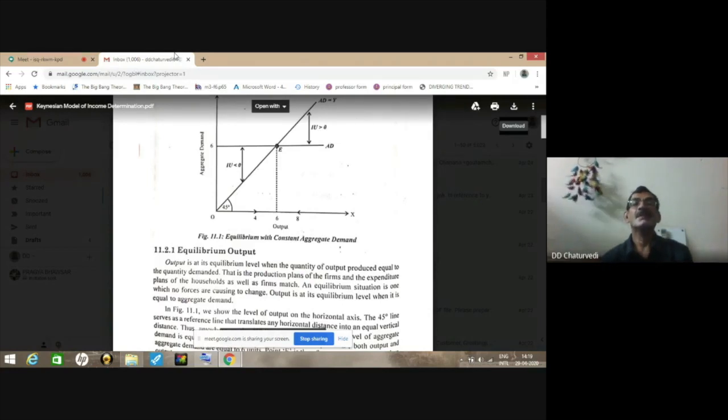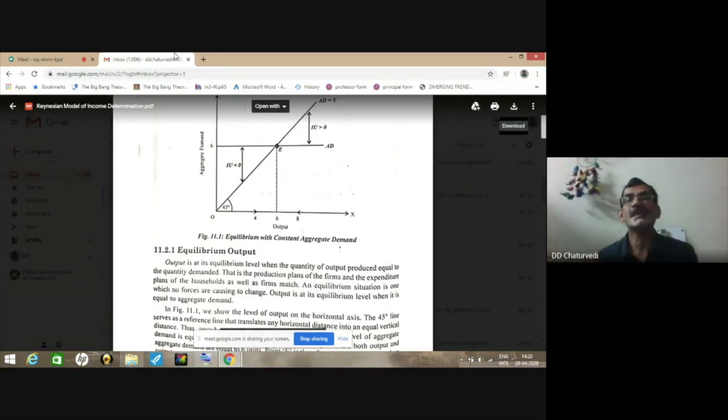So that means our plannings may not be the same as the actual that we finally reach. That means our actual demand is only equal to actual output, but the planned demand may be less or it may be more than the actual output level.